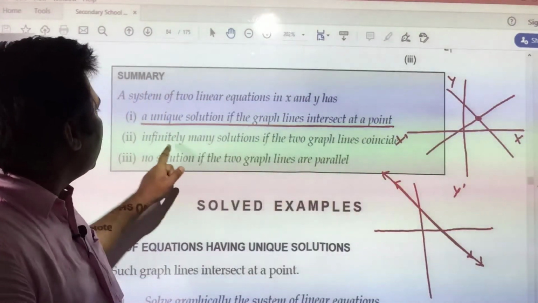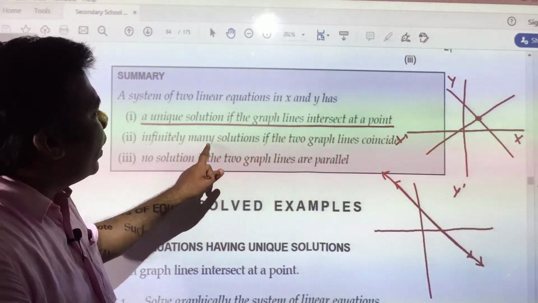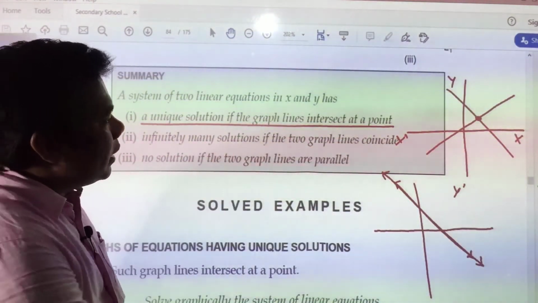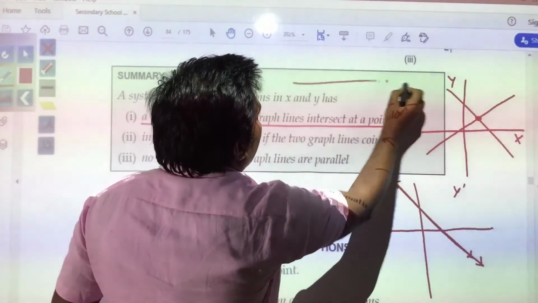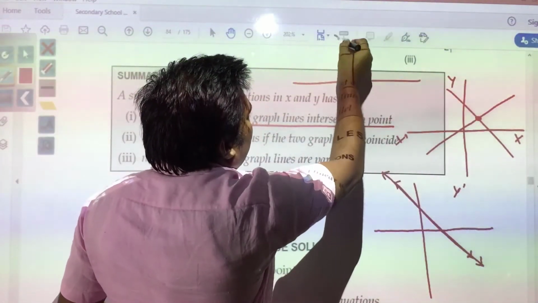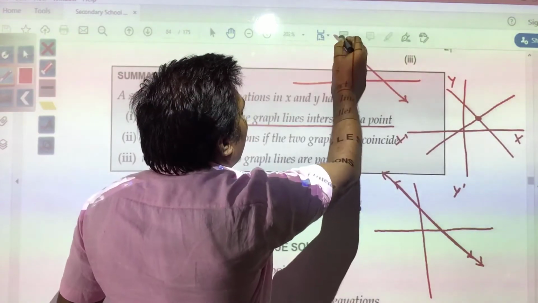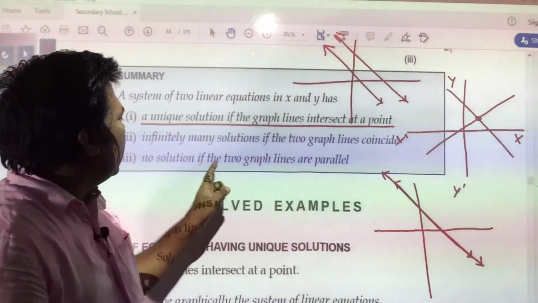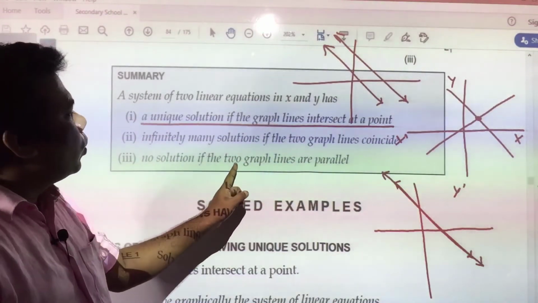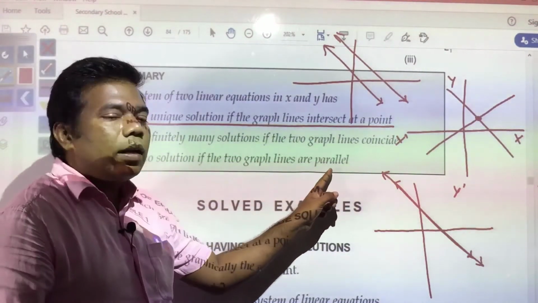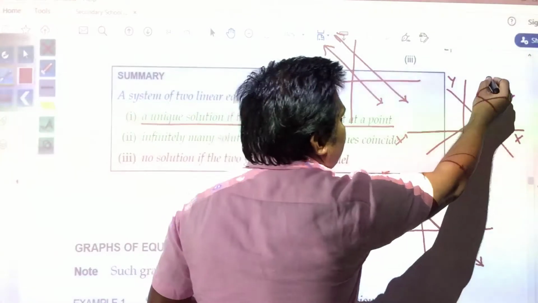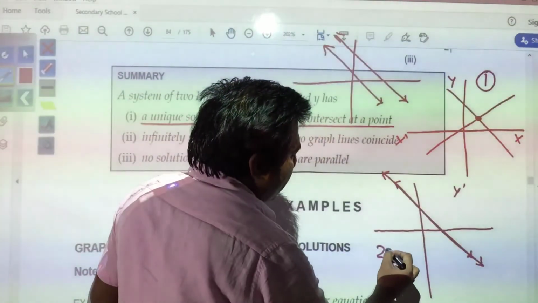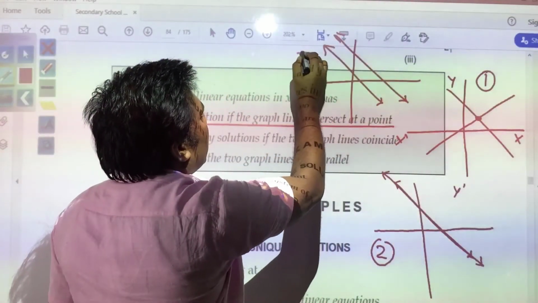In this situation you will have infinitely many solutions. And suppose you have a graph like this with 2 parallel lines, then there is no solution if the 2 graph lines are parallel. So, this is your first condition, second condition, and third condition.